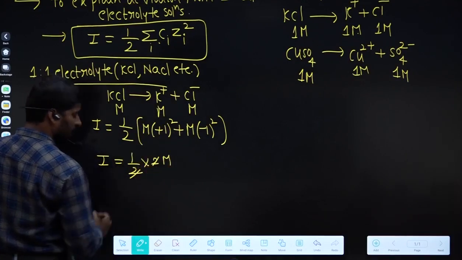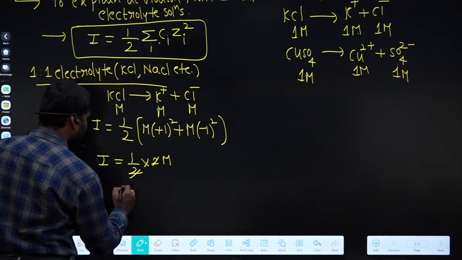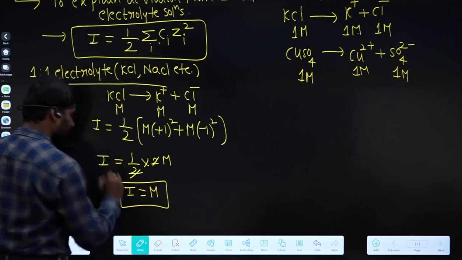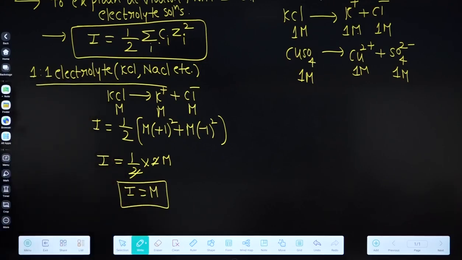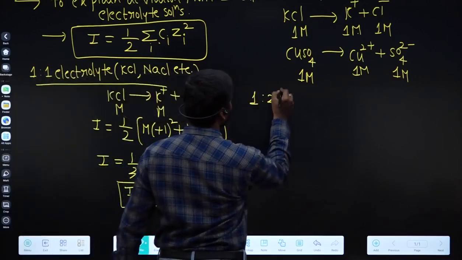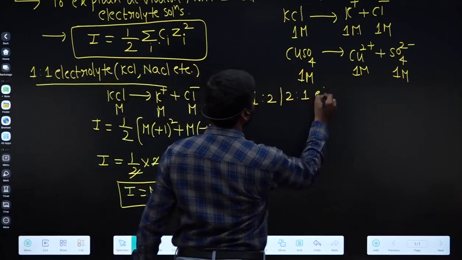So 2 gets cancelled. Therefore for 1:1 electrolytes, both ionic strength and concentration are same, I is equal to m. So for 1:1 electrolyte, what is the relation between ionic strength and concentration of electrolyte? Both are same.